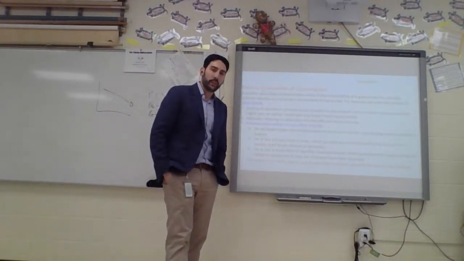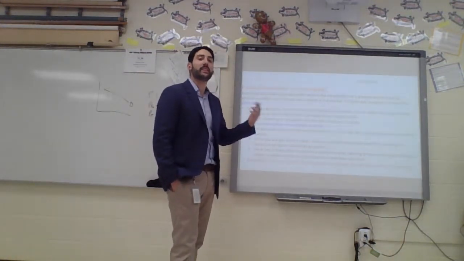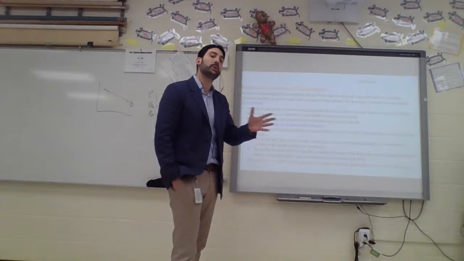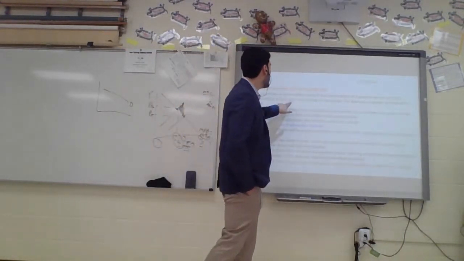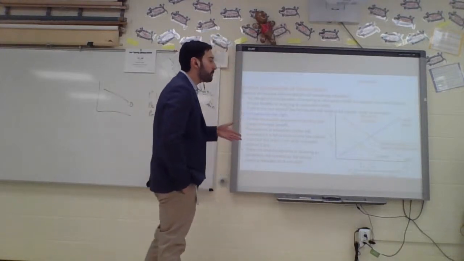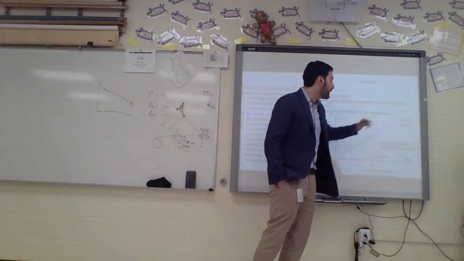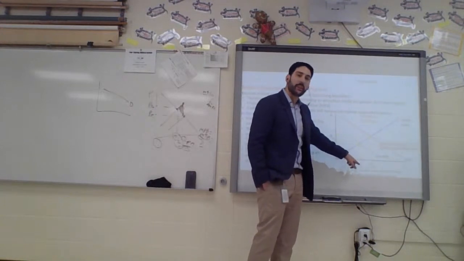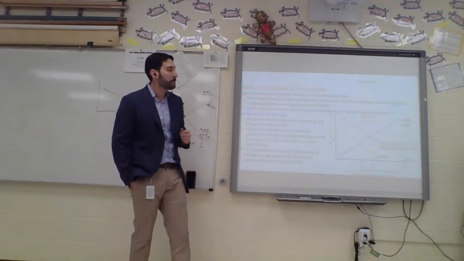A merit good means that it's being underproduced. Basically, it means that it's a positive externality as opposed to a demerit good, which is a negative externality. And so here we have our private benefit and we have our private cost. And so that is going to be our free market quantity, or quantity equilibrium.